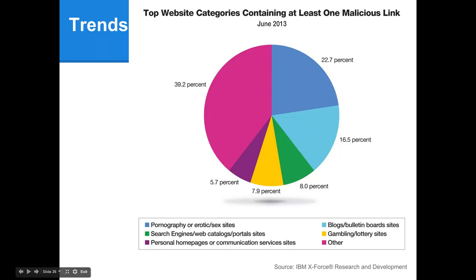Now, of all the websites sampled from probably the Alexa 1000 that have been found to contain at least one malicious link, 22% of them were pornography sites, 16% of them were blogs, and so on. But in general, anything outside of porn, search engines, people's home pages, gambling, or blogs actually had the lion's share, which is all the other miscellaneous traffic reaching almost 40%.